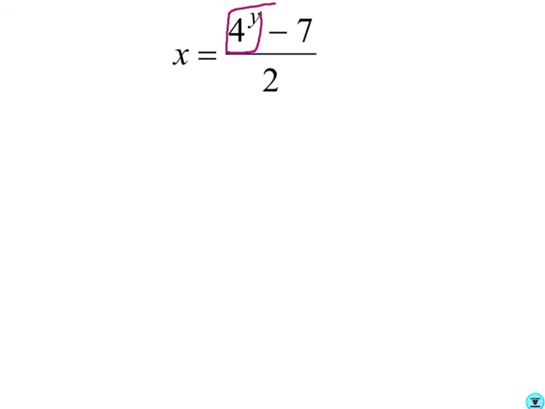Y is in our power. So at the end, we're going to need to do just one more additional step in order to get y out of the power. You'll see when we get to that. So in order to start to undo this equation, I am going to multiply both sides by 2, a lot like we did with the linear. So now 2x is equal to 4 to the power of y.